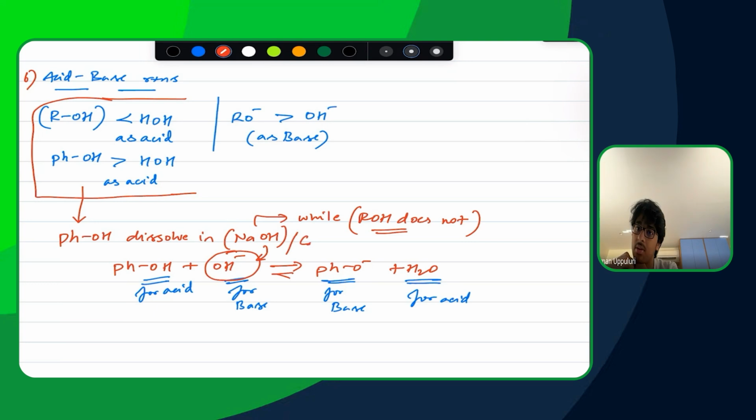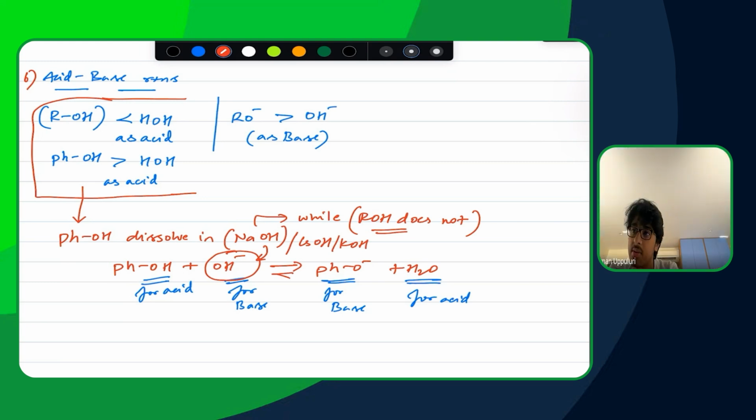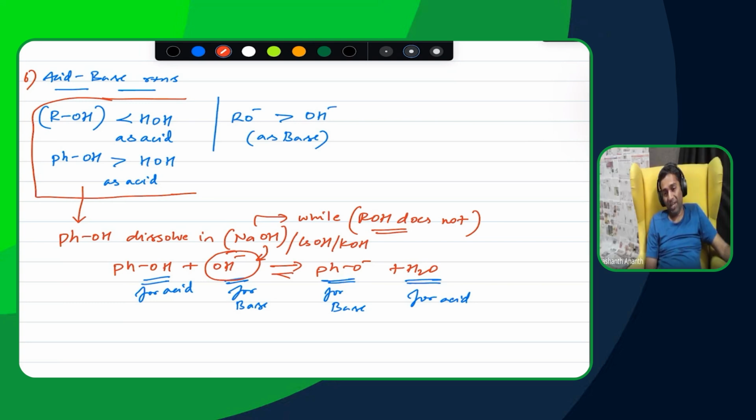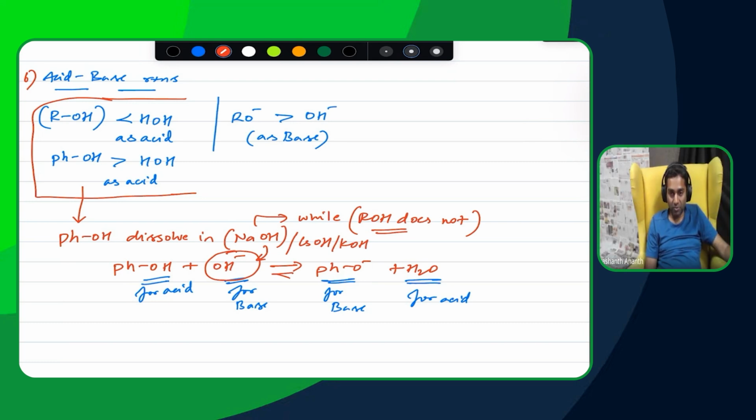KOH, CsOH are also perfectly acceptable. But I can't use something which is a non-OH minus type of base, something which does not produce OH minus ions. ROH is not an OH minus type of ion producer.